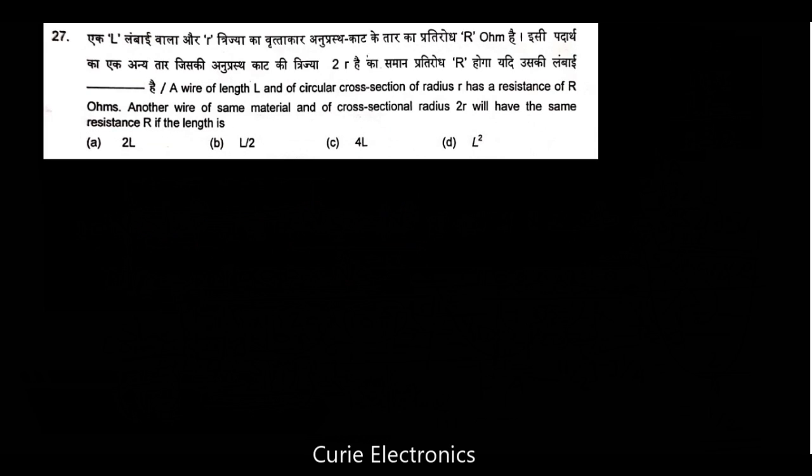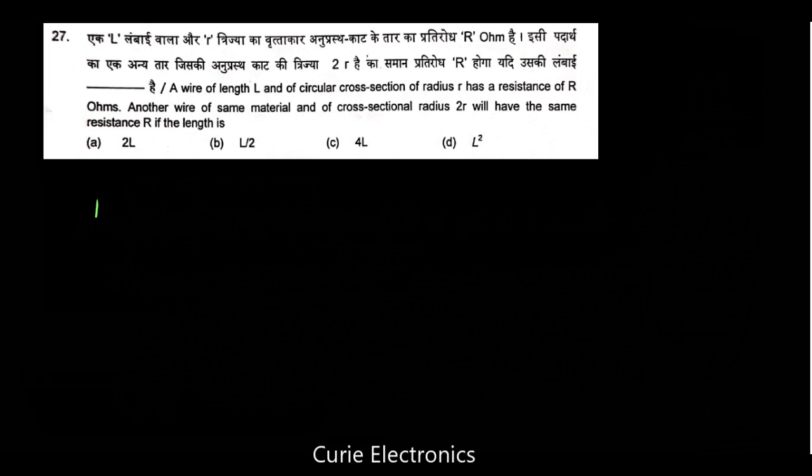Question number 27. A wire of length L and of circular cross section of radius R has a resistance of R ohms.